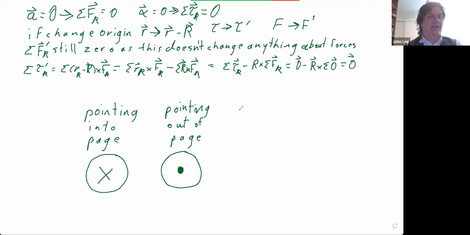So in order to have static equilibrium, you have to have no acceleration and no angular acceleration. So if there's no acceleration, that means that F equals ma is 0. And if there's no linear acceleration, and if there's no angular acceleration, that means the net torque is equal to 0.